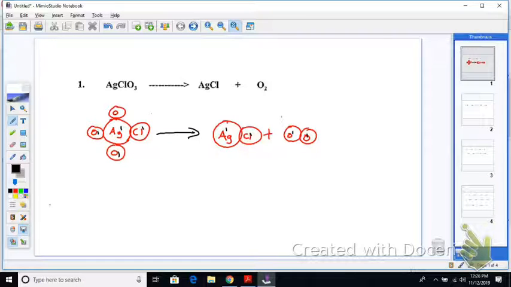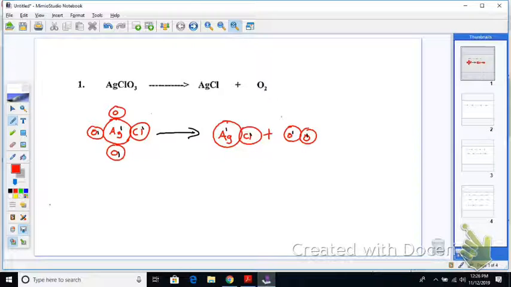So what happens, we've got an oxygen that is left out of the process, and you can't leave any atoms. We got to show that going somewhere. But the problem is it has to go as an O2. So which one should we draw? When we draw these out, we have to draw them just like they're drawn out here. So which one do you think we need to draw an extra one of?